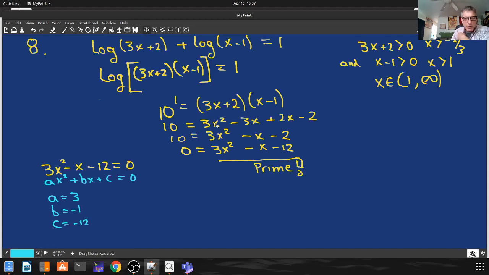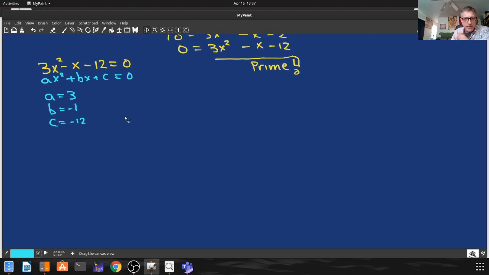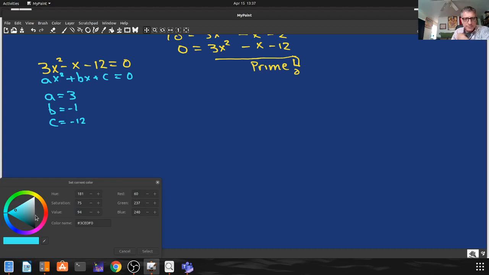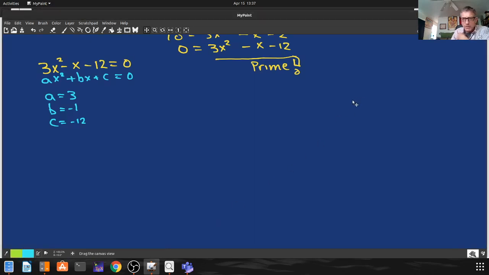So using the quadratic equation, and just so you'll recall, the quadratic equation states if this is true, then x is equal to minus b plus or minus the square root of b squared minus 4ac, all of it over 2a.